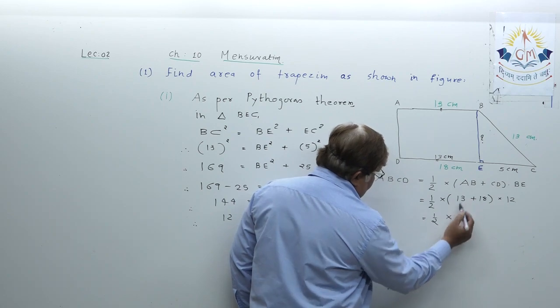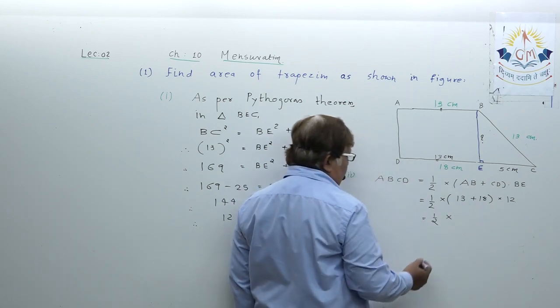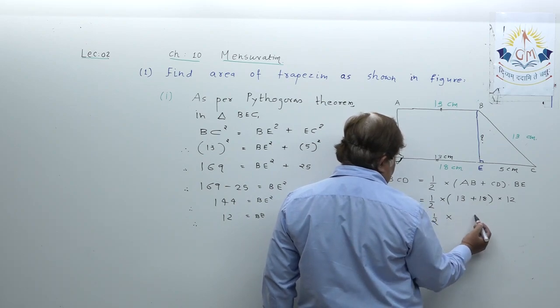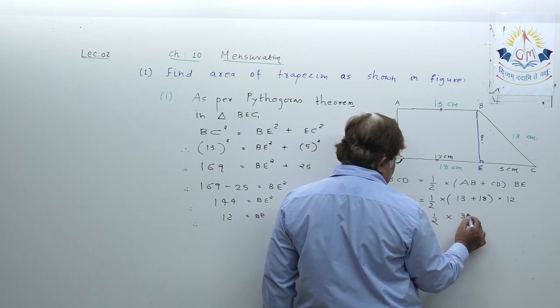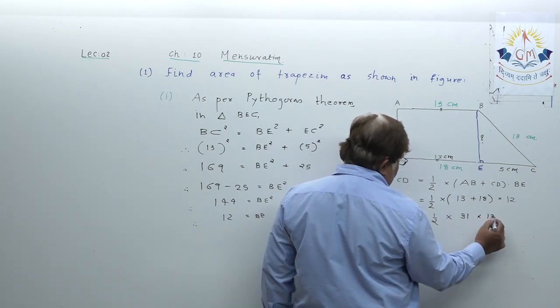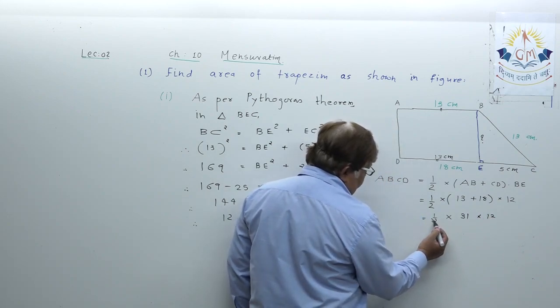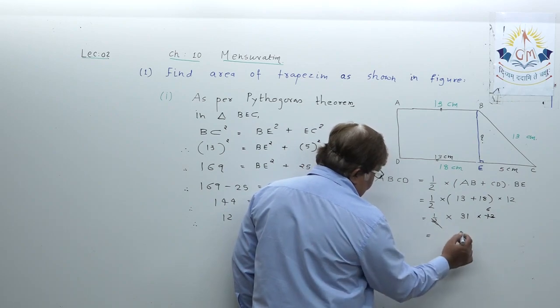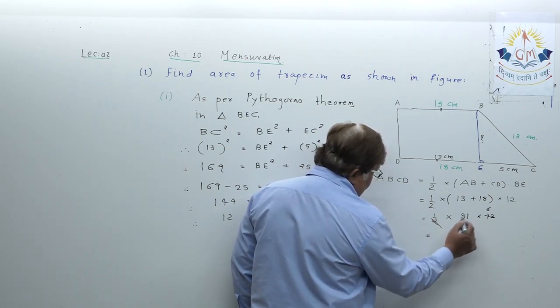Half into 18 plus 13, understand, 31 into 12, just cancel: 2 sixes are 12, 6 ones are 6.